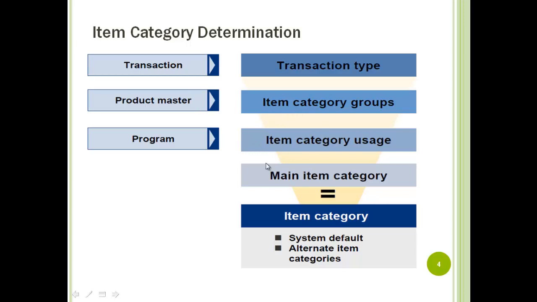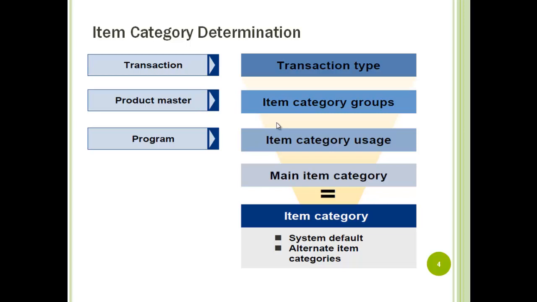The item category usage comes from a program, and in case we have a higher level item category, as I have explained in a scenario of leasing where we can have a financing product as well as a physical product. In those kinds of scenarios, we can have a main item category. For example, if I have a leasing scenario where I have a financing product like lease or loan, and a physical product such as an automobile which is financed, the main item category in that reference would be the financing product, which is lease or loan.